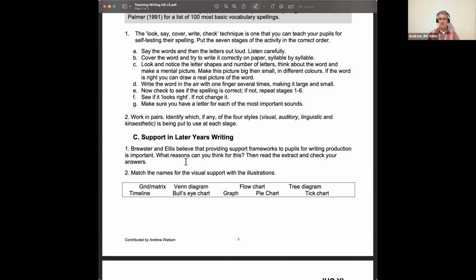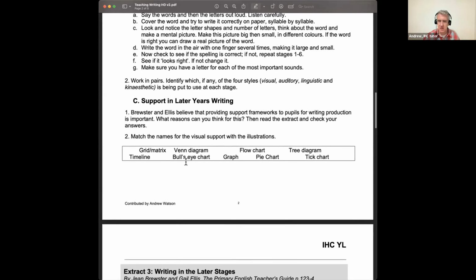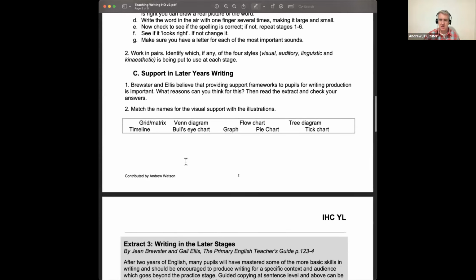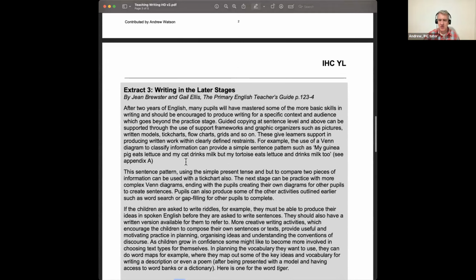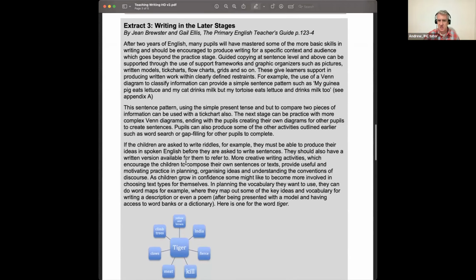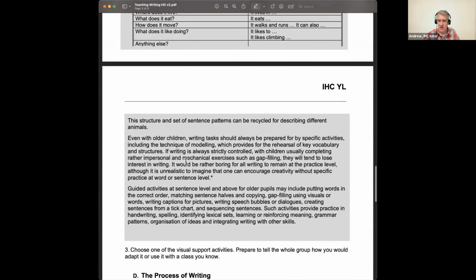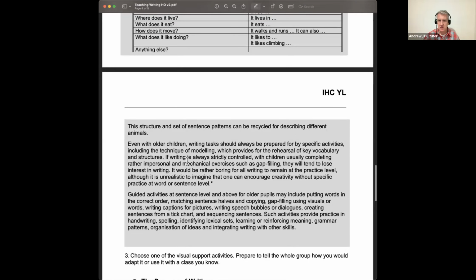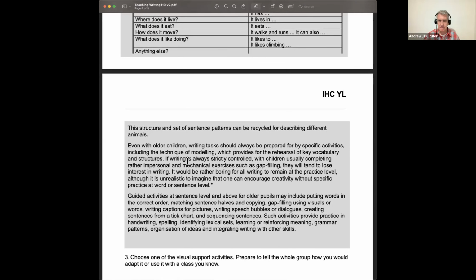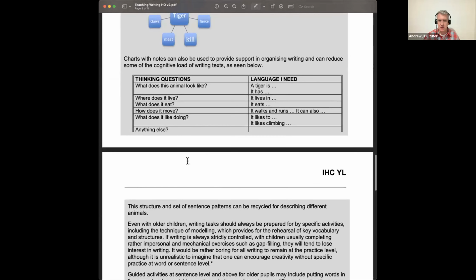All right, let's see what Brewster and Ellis say about why it's important to provide support frameworks. So I'll give you a couple of minutes to read the text all the way through and find the section about support frameworks.